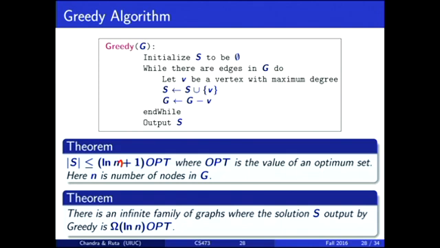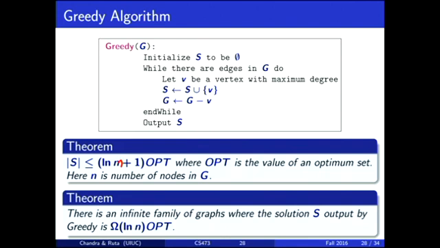Now you have to ask yourself, is there a better approximation algorithm? This is a very simple greedy algorithm. Maybe it works well in many instances, but we can prove that in the worst case, it can behave badly. Maybe the worst case doesn't happen in practice, but we can prove theoretically that it will do this badly.